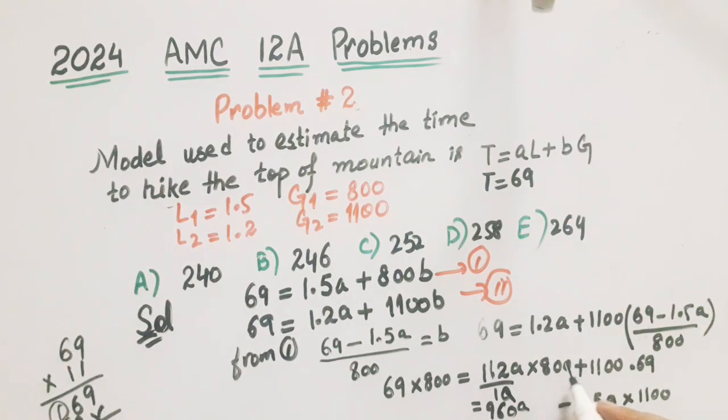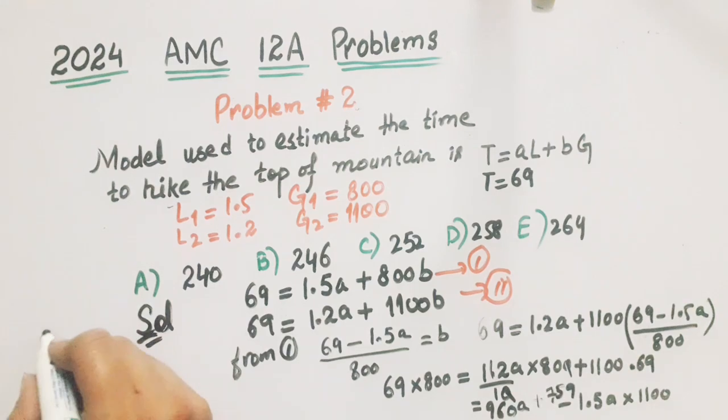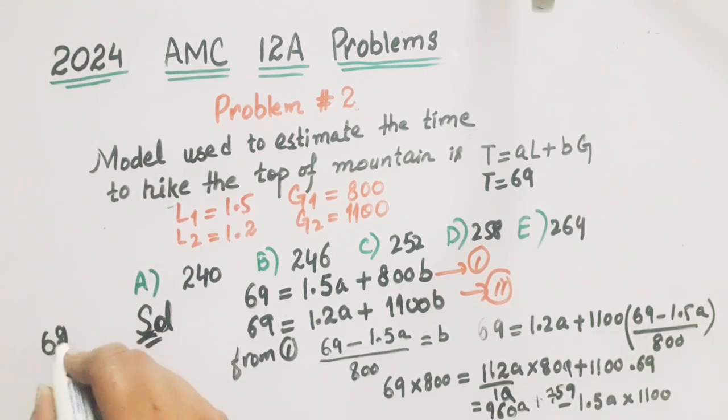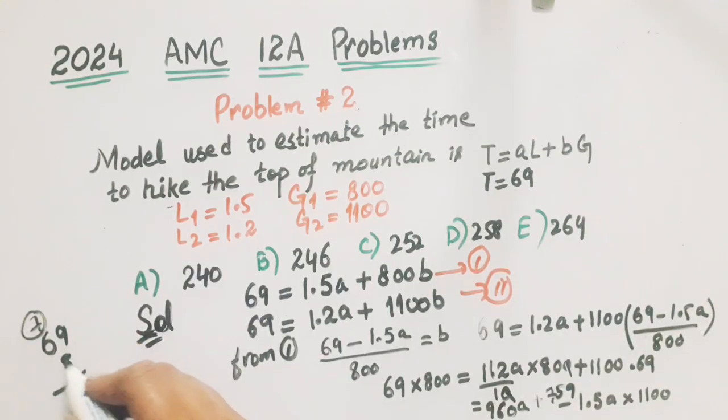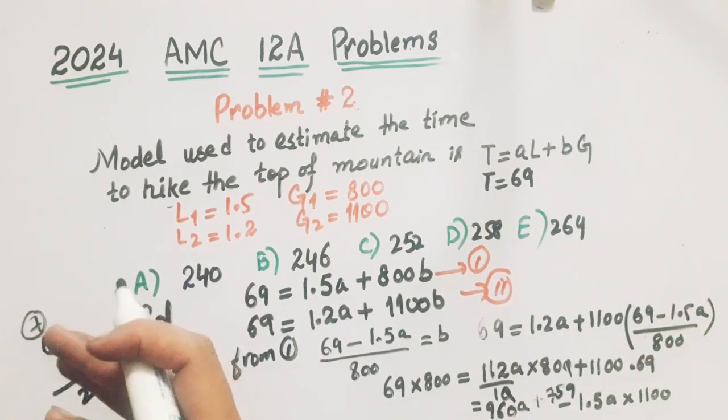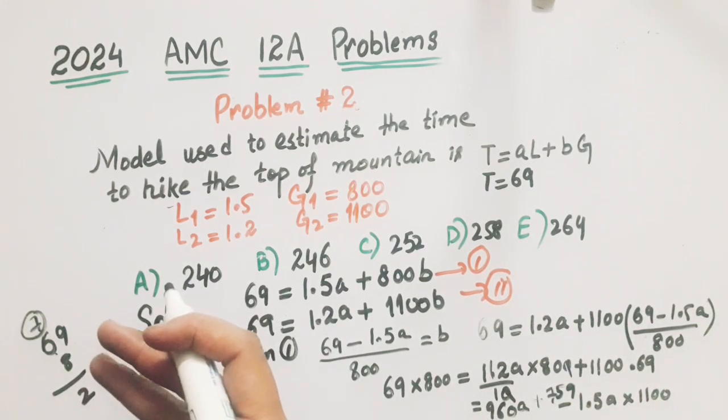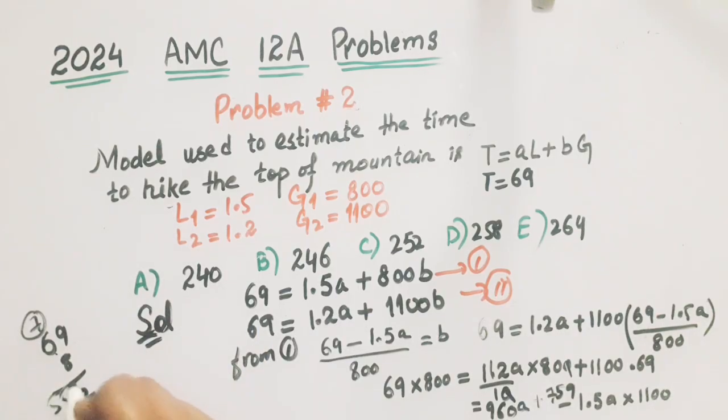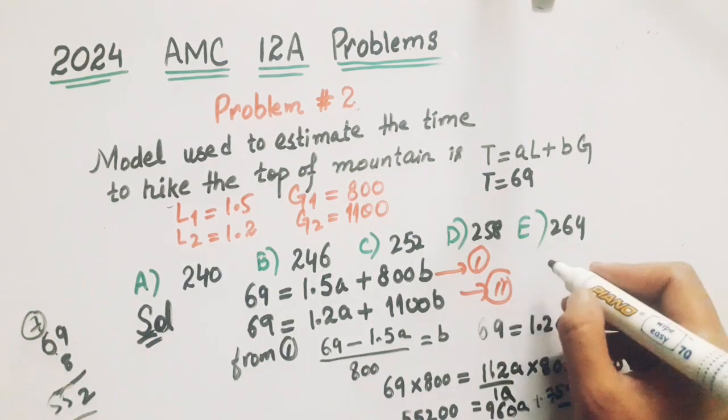So we have 759 and here we multiply 69 into 800. 8 sevens are 72, 8 sixes are 48, plus carry, that gives 552 and 2 zeros. So we will solve this further here.